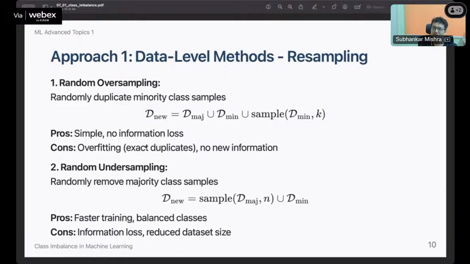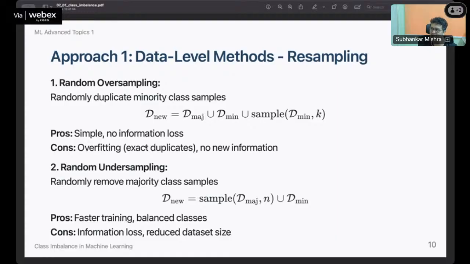Now the other way is random undersampling. If we have the majority class, instead of selecting all the 90 observations, we can select fewer of them. The pros are faster training, because the data set size reduces, and balanced classes. The cons are, of course, information loss.